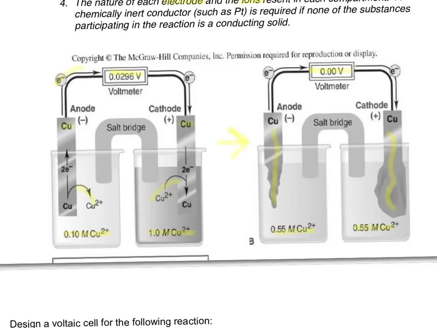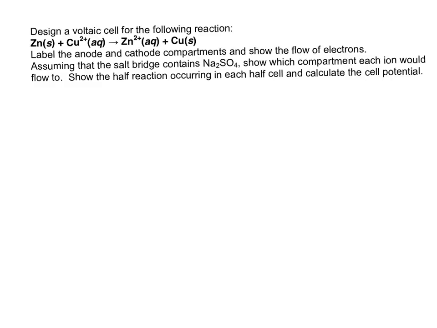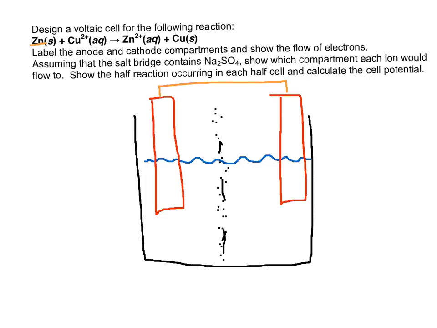This right here is a great example of what they're going to ask you to do to fully describe a galvanic cell. So we're going to start out with just a basic drawing of what a cell looks like. And I look at my reaction. I see I'm dealing with zinc and copper, so I'm going to make one of these zinc, one of these copper. And I'm going to look at my two half reactions for zinc and copper to figure out which one's undergoing oxidation, which one's undergoing reduction.